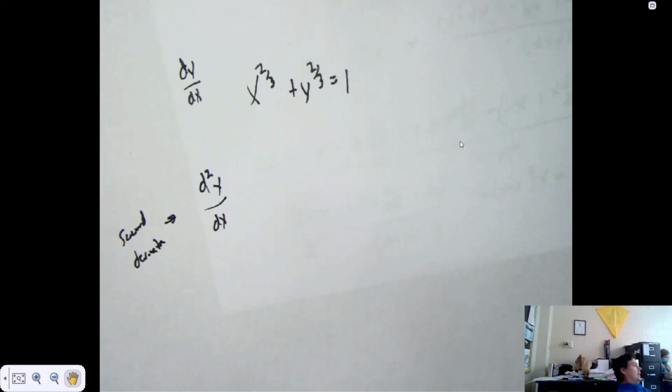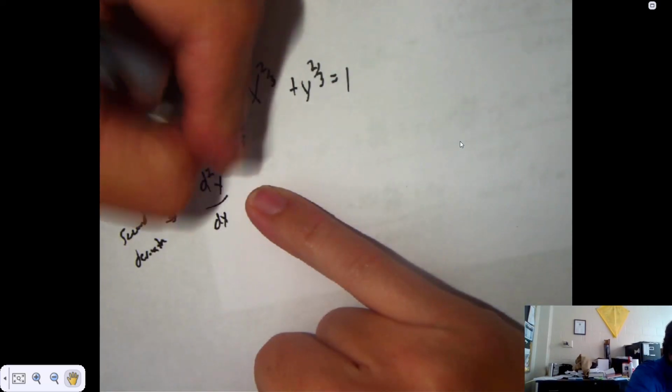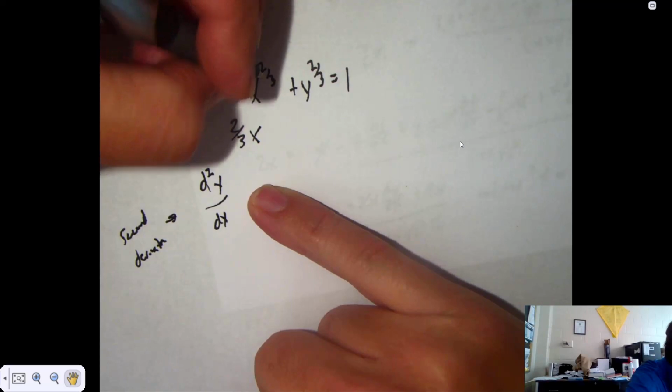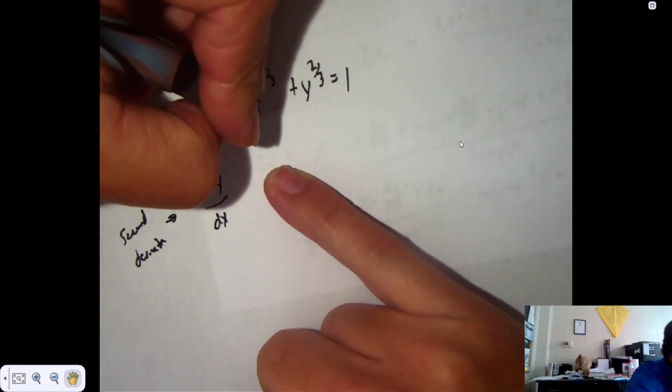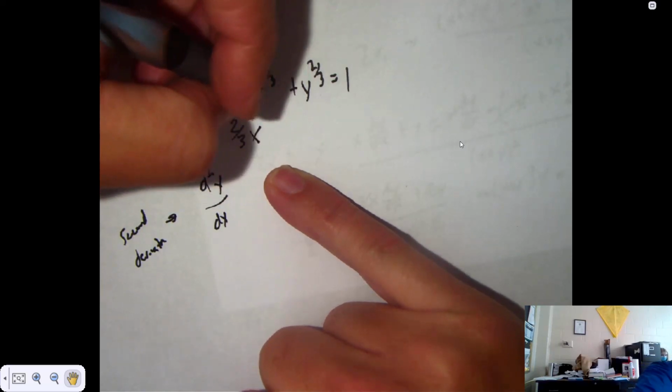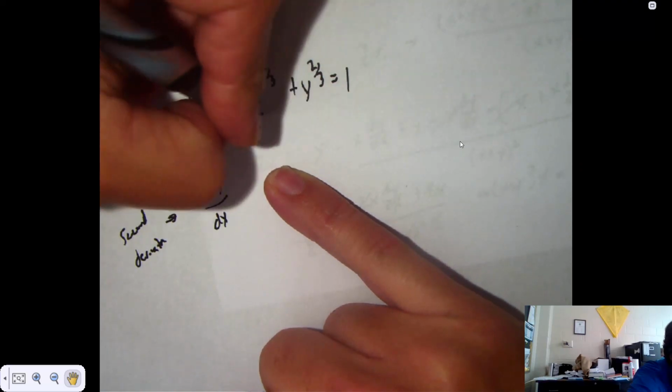It's really, really easy. Where's the 2/3 go? Up front. And then you subtract 1. It's 2/3 minus 1. Oh, kids. 2 pieces of 3 minus 3 pieces of 3. It's negative 1/3.